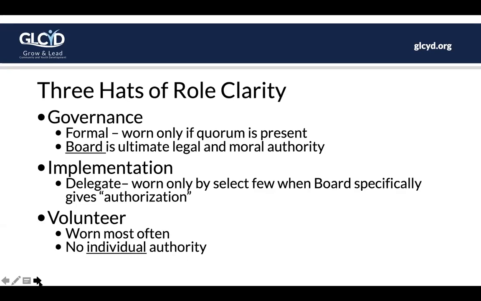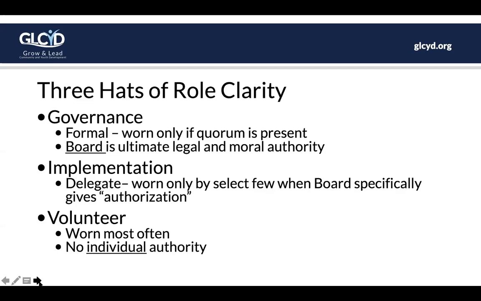I think of an event planning committee, and there may be a board member, if you're all volunteer, that does have the authority to lock in the contract with the venue on behalf of the board as part of that committee structure. So that would be the implementation hat. They're not in the board meeting making the decision. They're making the decision outside with board authority in a very specific setting.